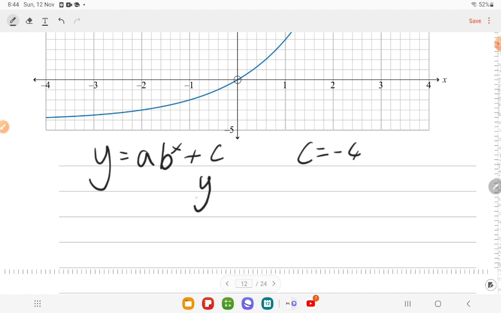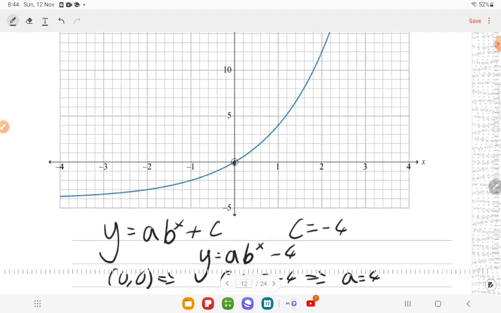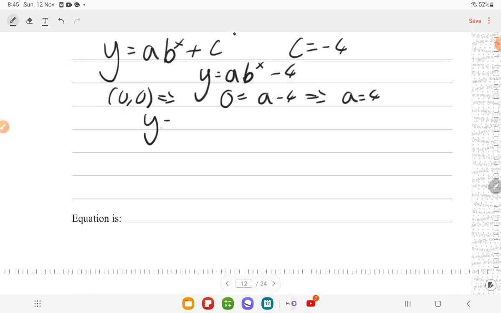Y equals a times b to the x, take away 4. We're given the point 0, 0, so 0 equals a, take away 4, and a is equal to 4. Y equals 4b to the x, take away 4.